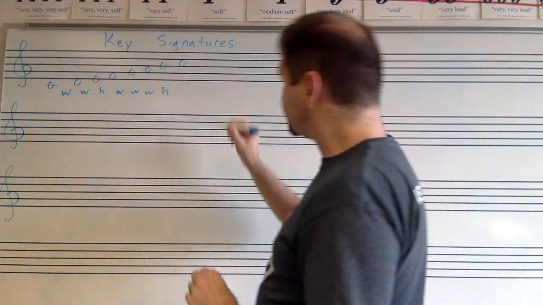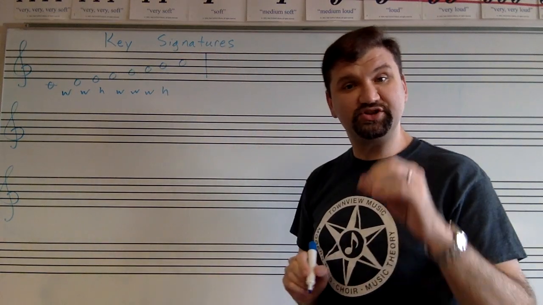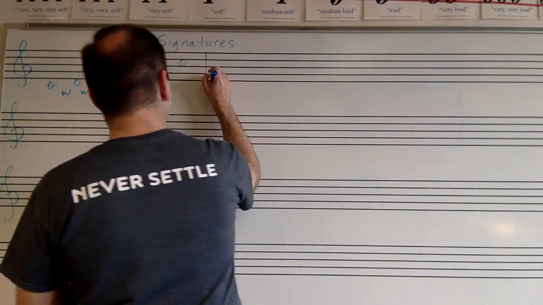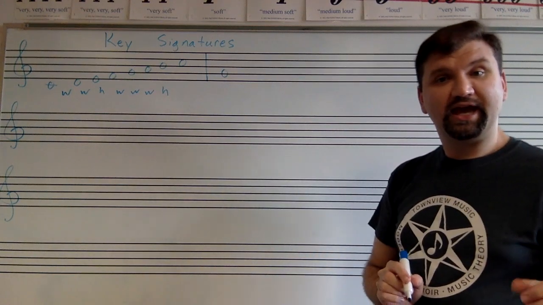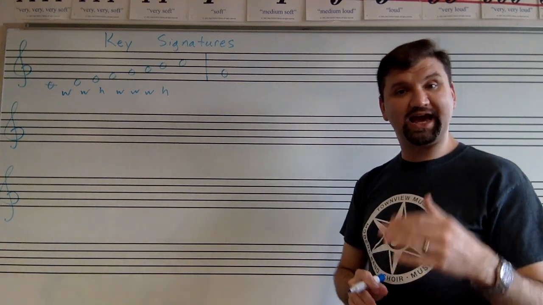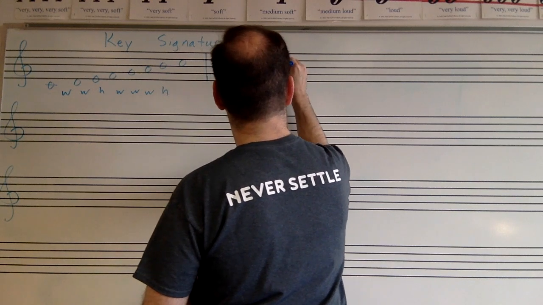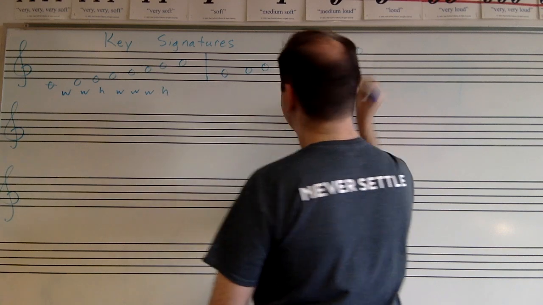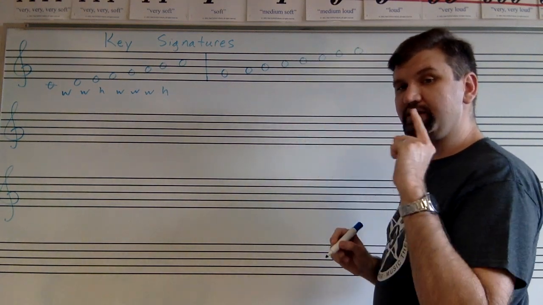If we look at the dominant, the fifth note of the scale, that's G, or in this case, do and so. If we build a scale on that G, and we follow the whole step and half step pattern, we would get all of those notes plus one sharp.